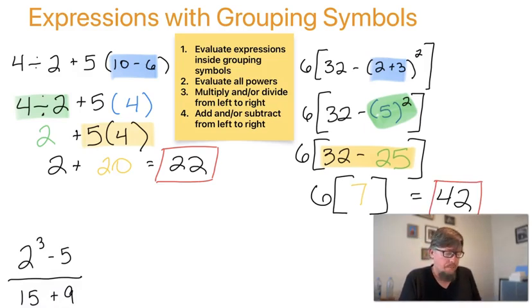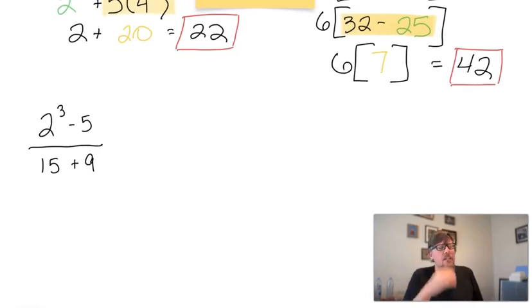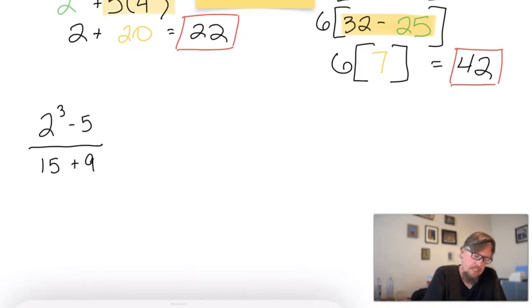Okay, last one. Let's take a look at a fraction here. Now, the reason this is important is because it does not look like this problem has any grouping symbols. It doesn't look like we have any parentheses or brackets, and we don't. But the fraction line is a grouping symbol.